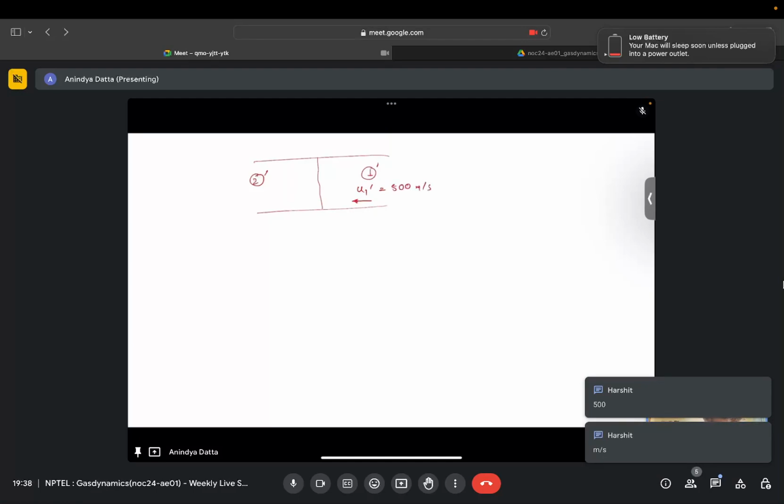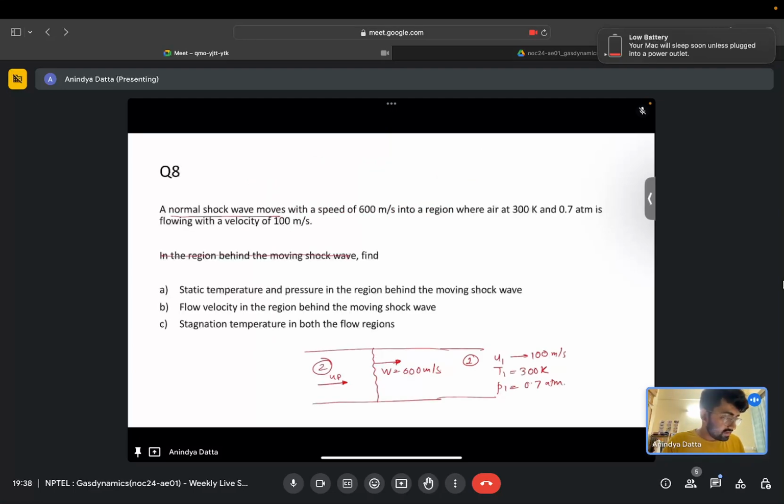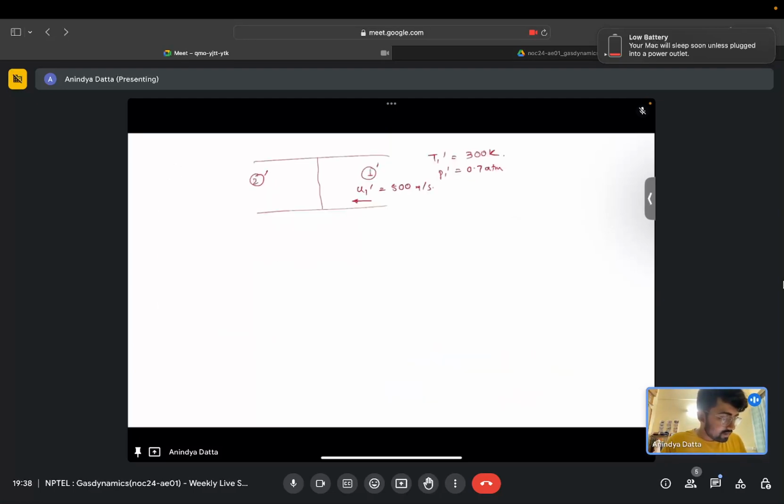meter per second. What will be T1 prime and P1 prime? This will be same, right? Because these are static properties and they do not depend on the frame of reference. Now the shock is stationary and u2 prime will be this.